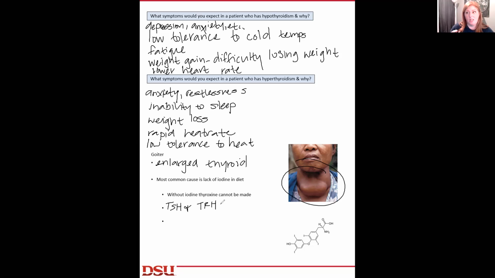So the thyroid's like, geez, I'm trying, and it gets bigger and bigger in its attempt to push out more thyroxine. So the thyroid gets larger in response.